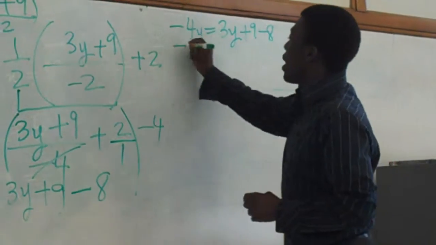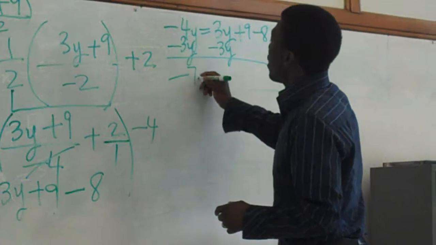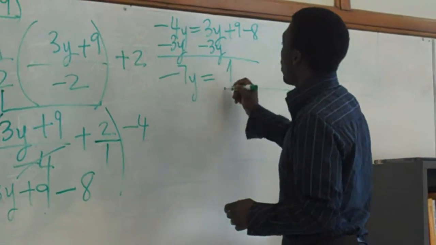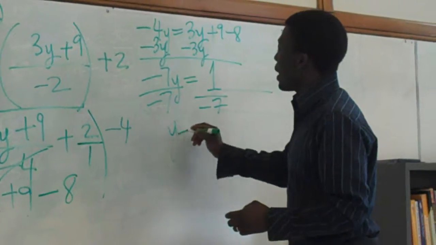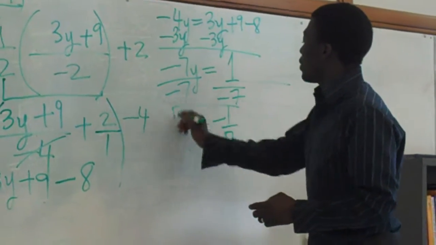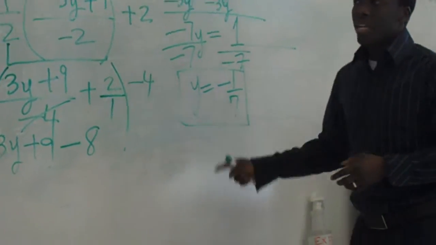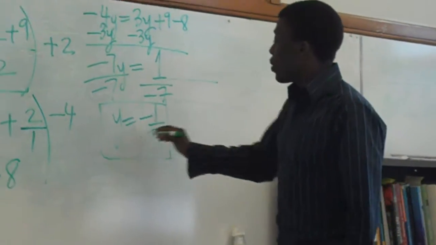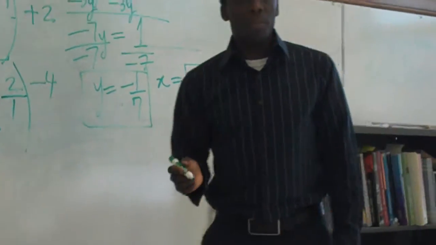We subtract 3y from both sides, and so we get minus 7y is equal to 1. Then we divide both sides by minus 7, and we get y is equal to minus 1 over 7. That's the solution. We take this and plug it into our first equation, and we'll get a value for x. That's all you need to do for this problem.